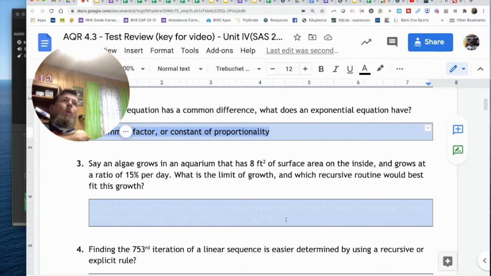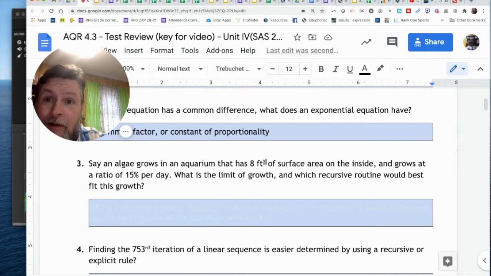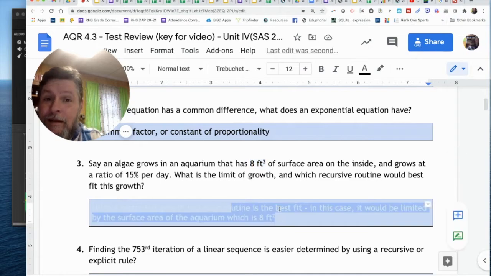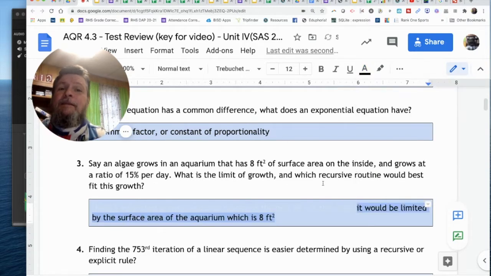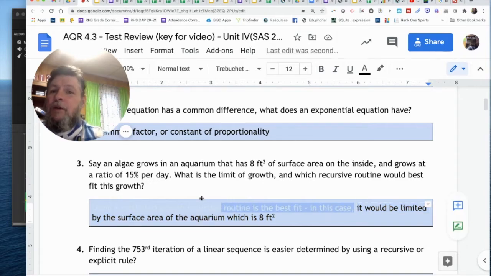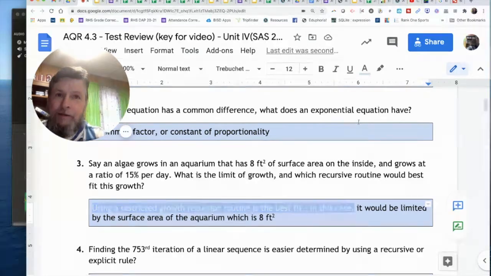So what is the limit of the growth? Well, that's pretty simple. The algae cannot grow on anything but the surface area of the inside of the aquarium. So the limit is the surface area of the aquarium. But the best routine we can use in recursion is called the restricted growth recursion routine, okay?